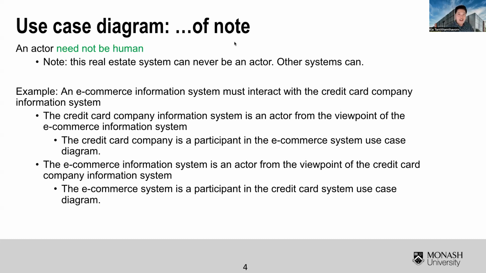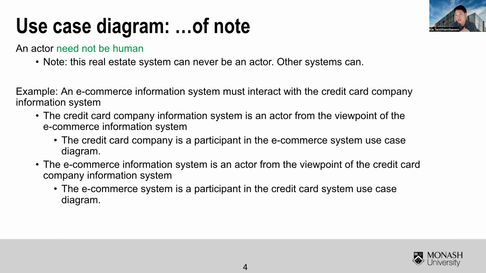Let's say the real estate system has a feature to collect the rent every week, and the feature they provide collects via direct debit or credit card or PayPal, okay?